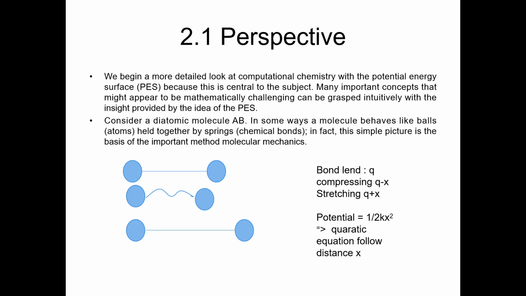In the picture we can see this is the ball, and we can connect these two balls with a spring, and we can set them far apart or close together.